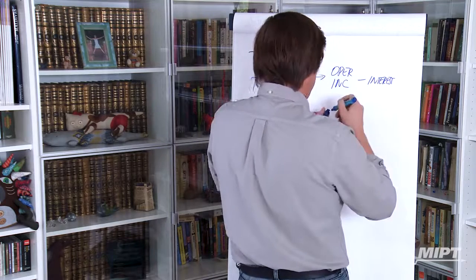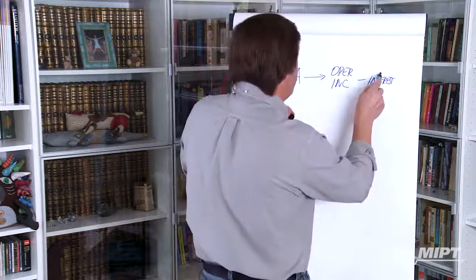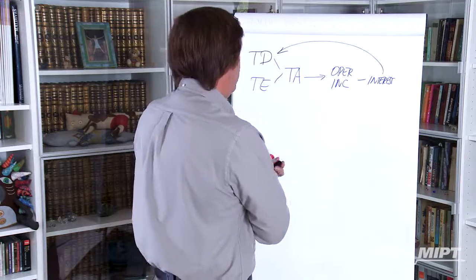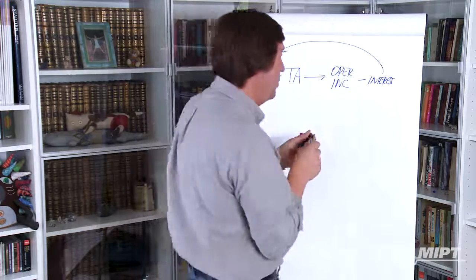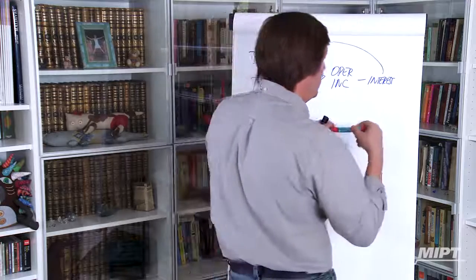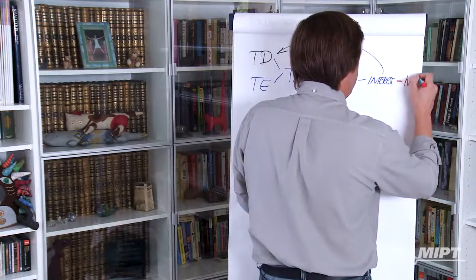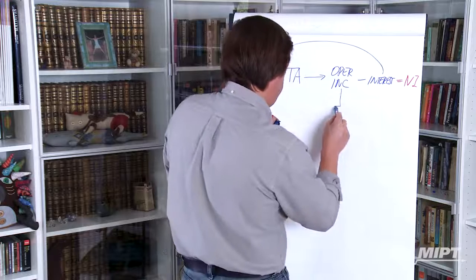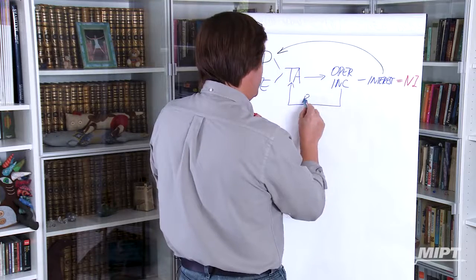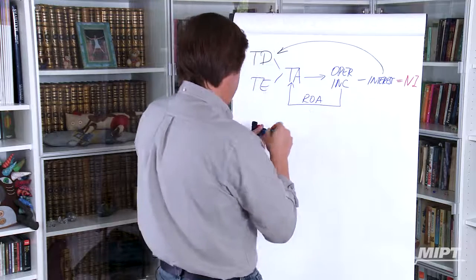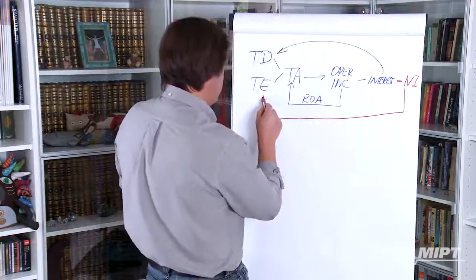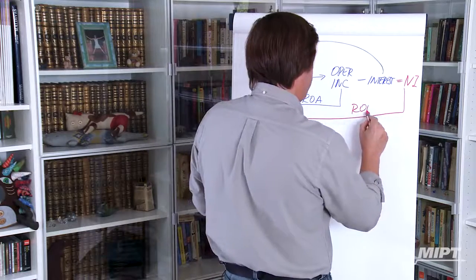And again, what is interest? Interest goes to debt holders as their return. And then if we subtract it, that results in our net income. And now see what happens. So this part is return on assets. And this part is return on equity.